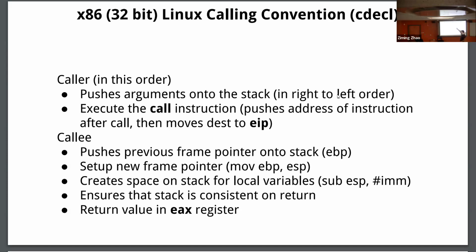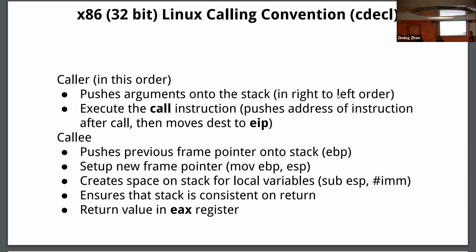The call instruction will push the address of the next instruction onto the stack, then move the destination to the EIP register. The callee will push the previous frame pointer onto the stack, which is the EBP, and then set up a new frame pointer, which is move ESP to EBP. We will have some animations for this later.